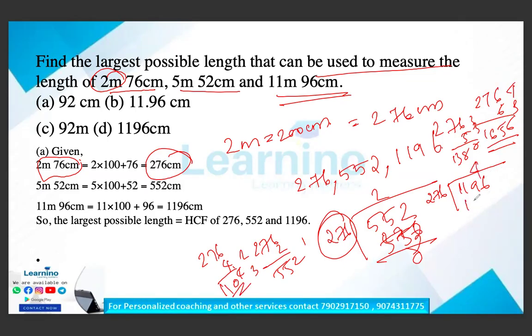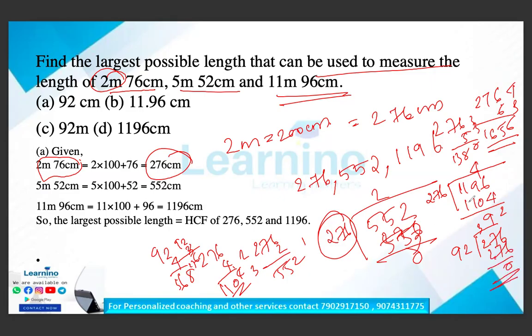So 4 times, remainder 92. 92 divided by 276, we will get 92 as the HCF. HCF 92. So we will get the answer.